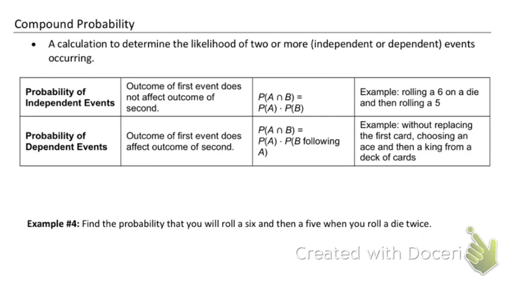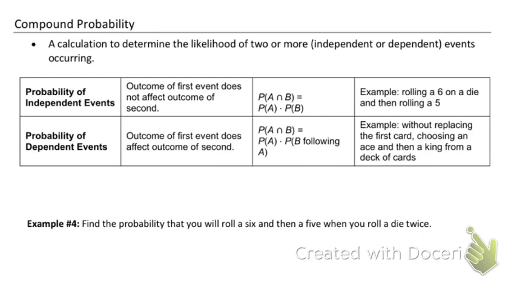So the first one is probability of independent events. That is the outcome of the first event has no effect on the outcome of the second event. Now, this is some notation. Remember, P is probability. This is saying the probability of A and B happening.